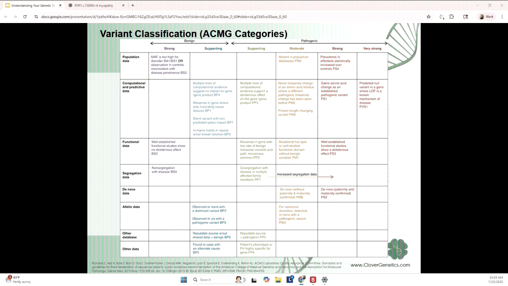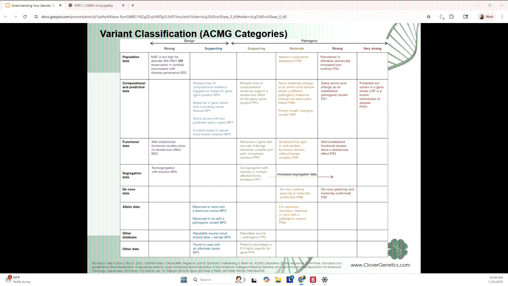So this slide here is a little bit small, so no need to read the precise details. But in short, this chart outlines the various levels of evidence used and the strength or weight of evidence that they provide to an overall interpretation. So these items include evidence like population data or absence of that variant in the population, computational models that look at how the protein may fold and the impact that may have on the overall expression of disease.